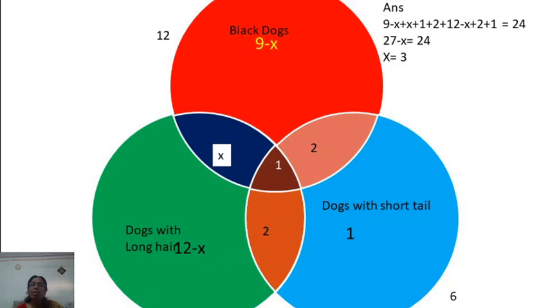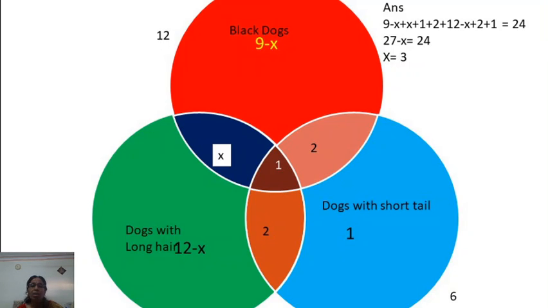Again, the number of dogs who are black and have a short tail is 2. It is also given that the dogs having long hair and short tail but not black are also 2. The short tail dogs are 2 plus 2 plus 1 is 5, 6. There are 6 dogs with short tail.